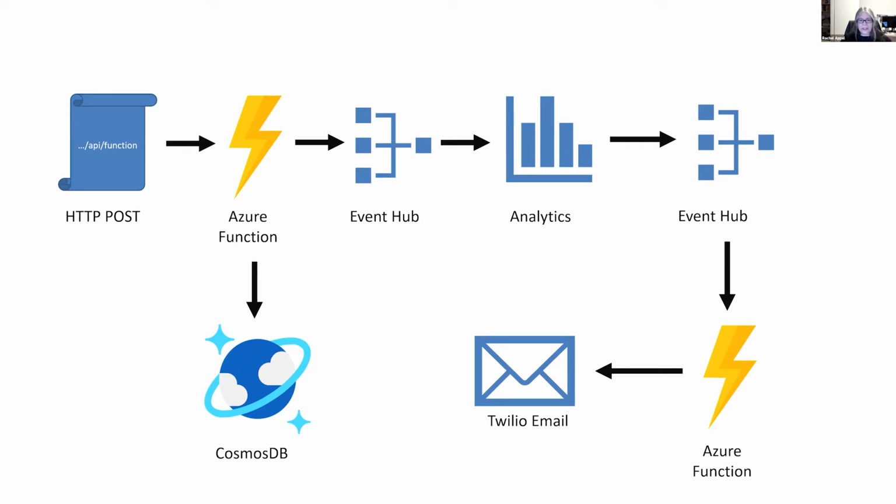You can have Azure functions that connect things like Cosmos DB and Event Hub. And outside of Azure functions, you could connect these other Azure services like Event Hub and Analytics and other things. And Azure functions also integrate with non-Microsoft products as well, like Twilio, SMS and email, and things like that.